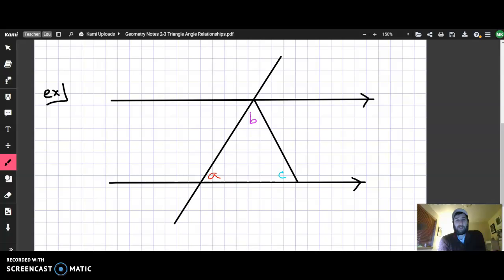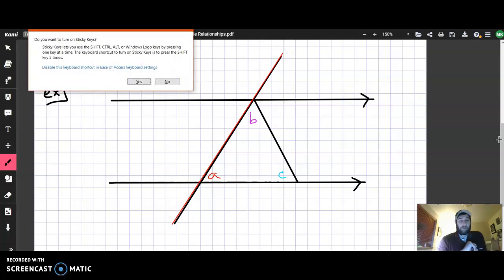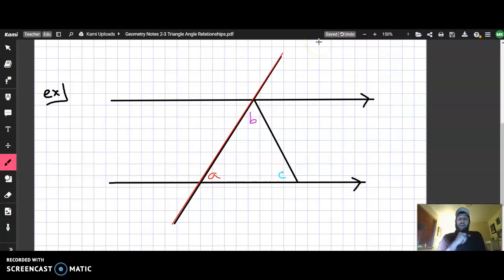The one that I want you to pay attention to first here is the angle that's alternate interior from A. Focus on the fact that this is the transversal that A is on. Since that's the transversal that A is on, its alternate interior angle is going to be the angle inside of our parallel lines, and on the opposite side of the angle here.